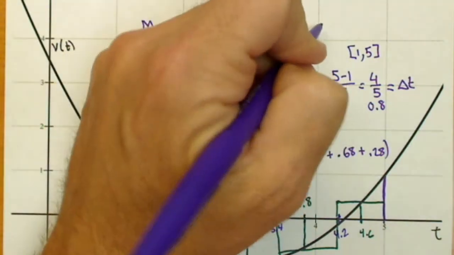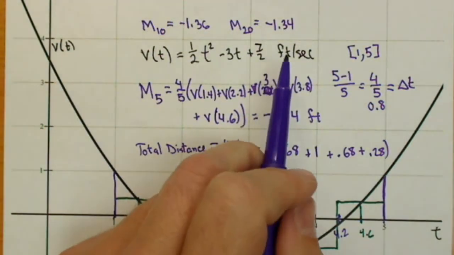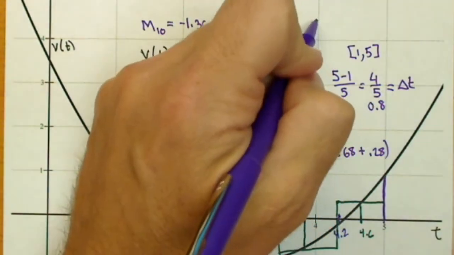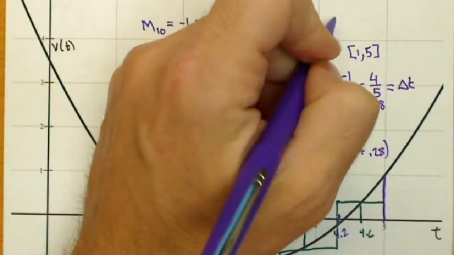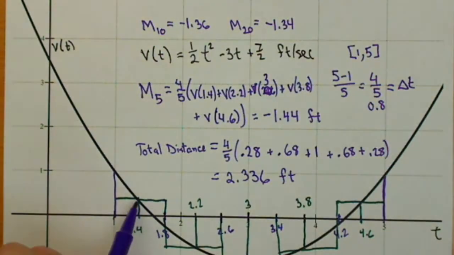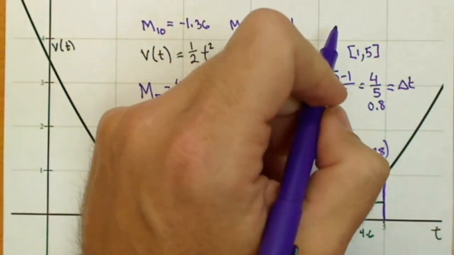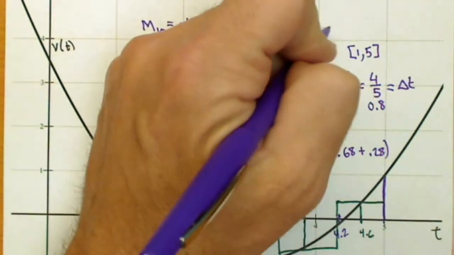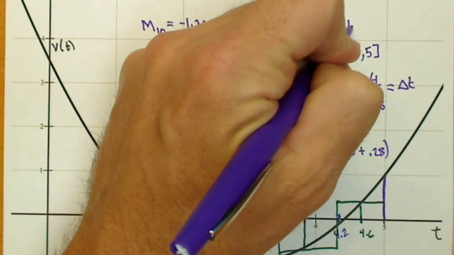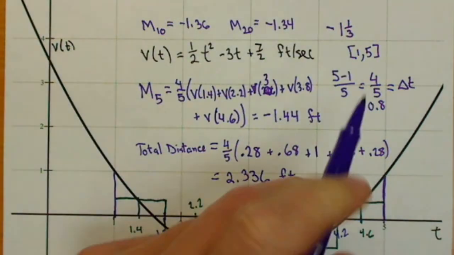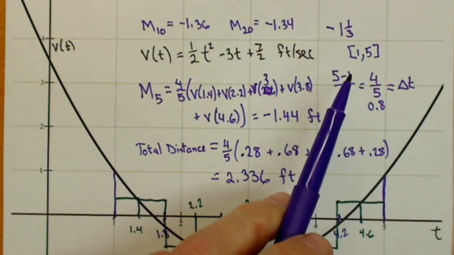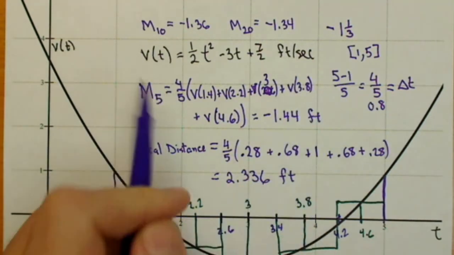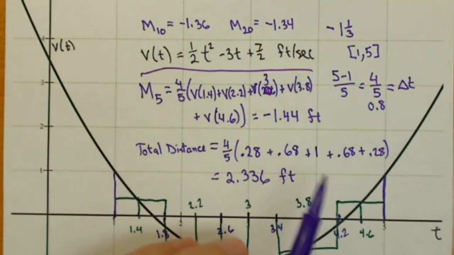And what we could see is as we take the number of rectangles to infinity, the actual area between the curve and what the midpoint rule would eventually give us is negative 1 1/3. And that would be our change in position between 1 and 5 seconds given this velocity function.